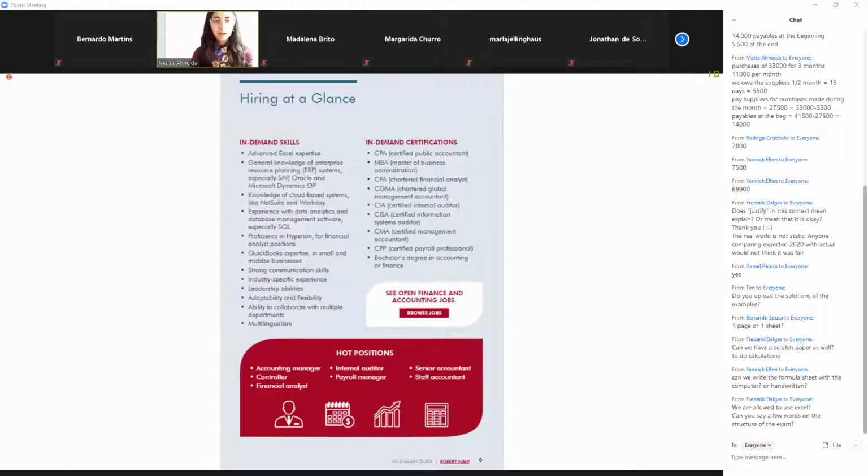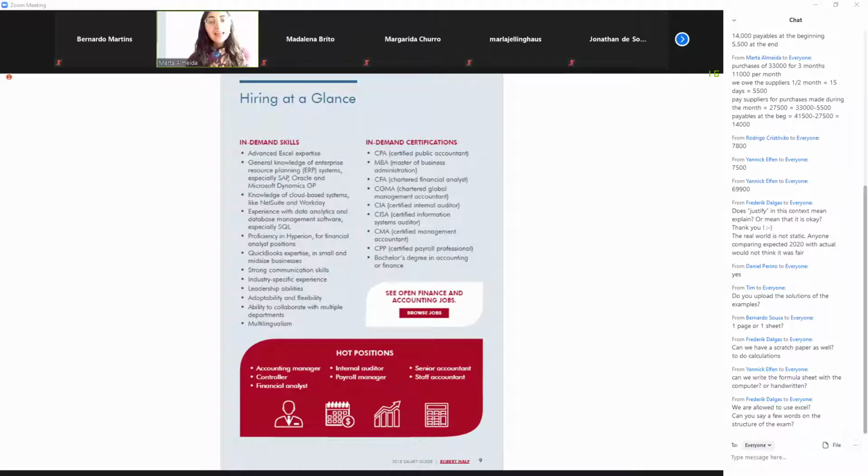Then I just put here on the slides a link to a magazine. Basically this slide is the salary guide for our area. So if you're interested in having a career in this area, what are the skills that companies are looking for? What are the certifications that companies value?